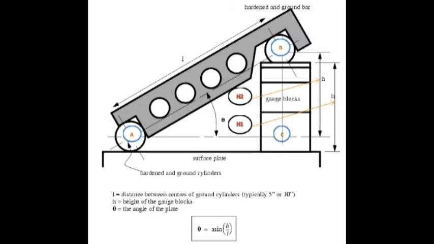So we have to find out the theta. Generally it's a precision instrument to measure angles very accurately and to locate the workpiece to a given angle within close limits. It consists of a steel bar and two rollers.